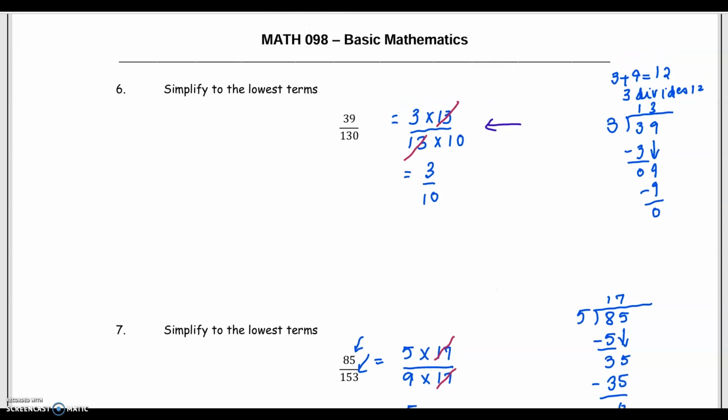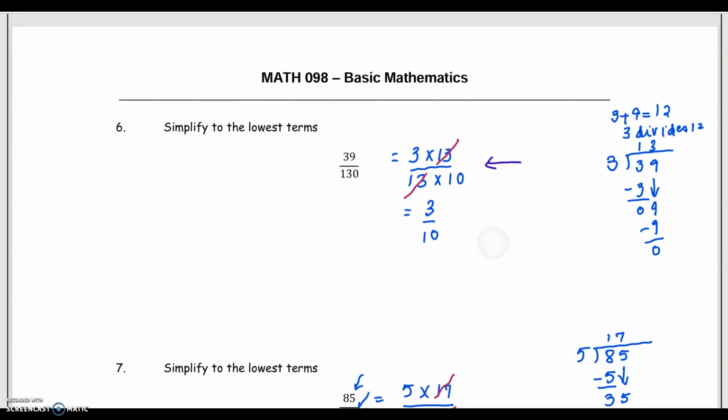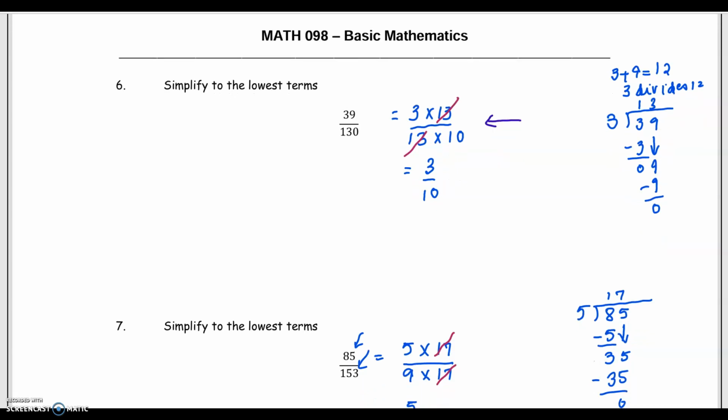So sometimes we may not be able to see the common factors right away, so we need to break down the factors first and then see what happens. It's possible that we could find a common factor that cancels.